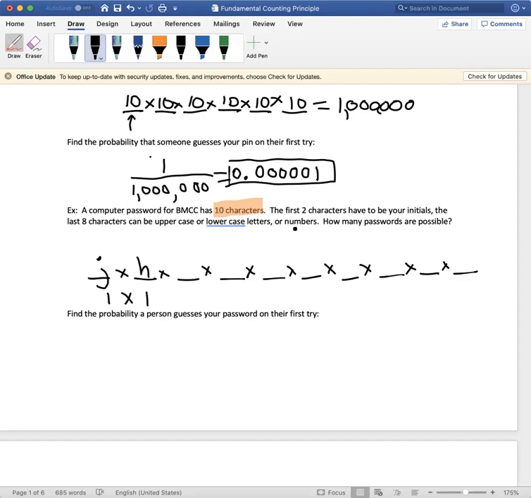So let's count each one of these. In terms of numbers, remember that we have a total of 10 digits, right? Let's take a look at uppercase or lowercase. Well, remember that the computer knows that uppercase and lowercase letters are different.